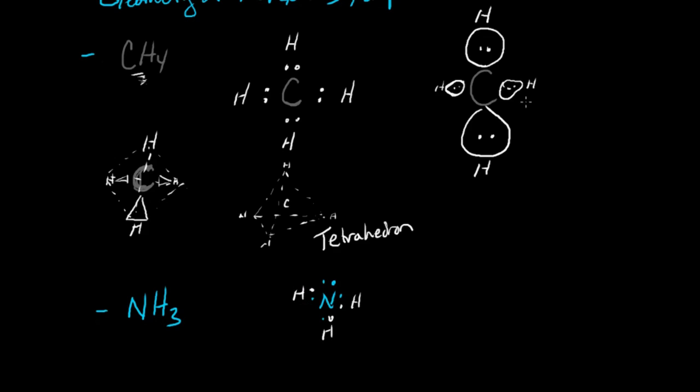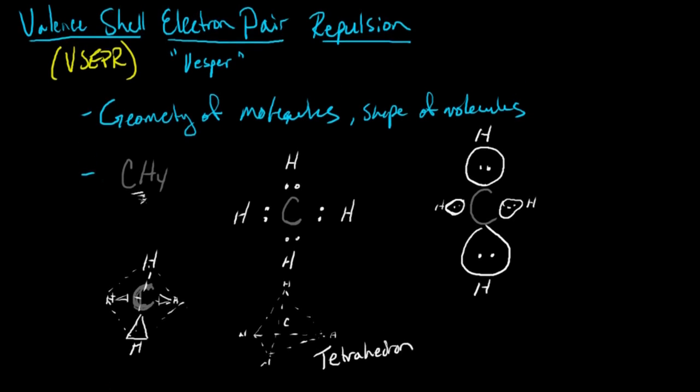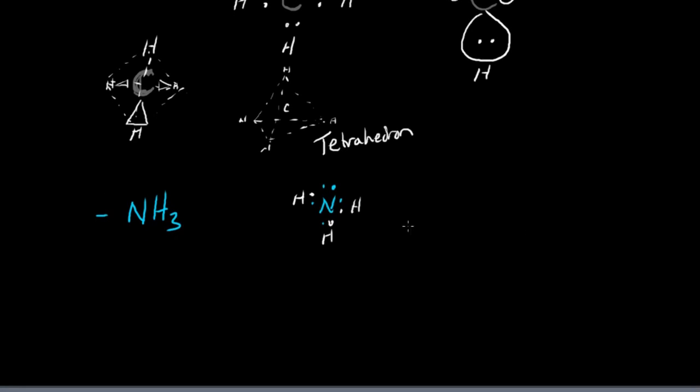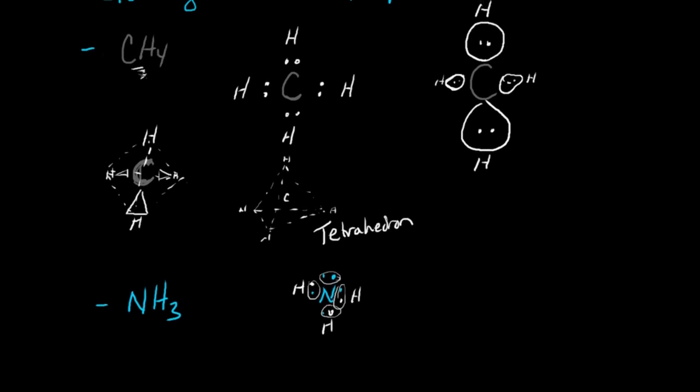But the electron pairs, the valence shell electron pairs, still repel each other. So this pair and that pair and that pair and that pair are all going to still repel each other in the same way that they did up here in the CH4.